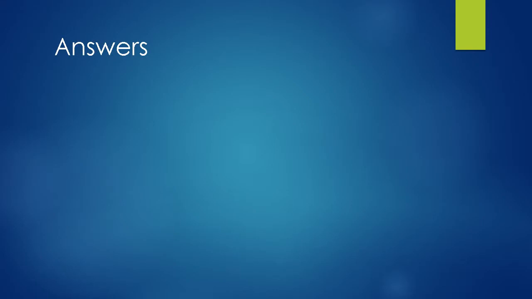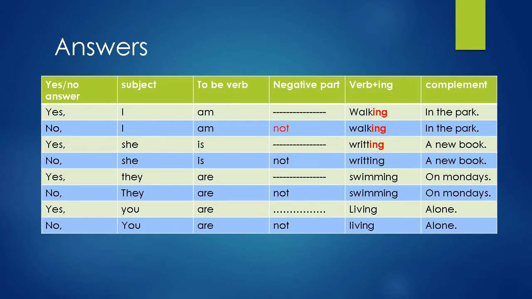Answers. How to make answers in present continuous. The answer could be yes or no. The particle to answer is at the beginning. Then the subject, the to be verb, and in affirmative sentences, the verb plus ing, and finally the complement.